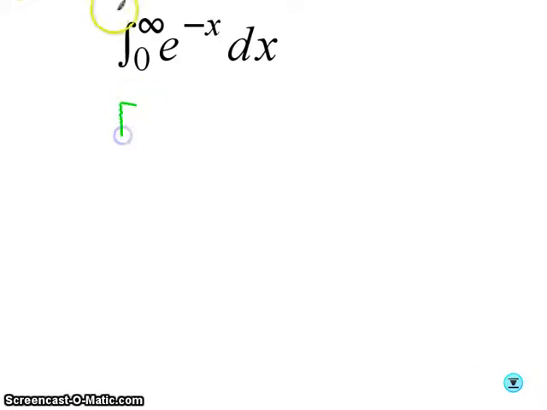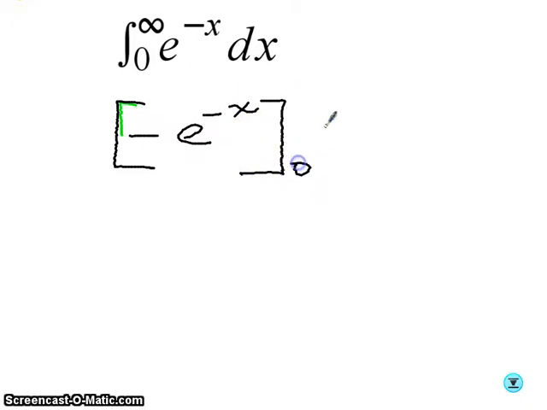You should know what it is. It's negative e to the negative x, and we're going to go from 0 to infinity. Well, we're not going to be able to just plug in infinity for x. We're really going to have to do something with it. Anyone think of what that could be?